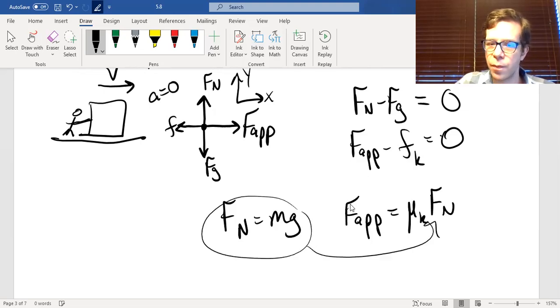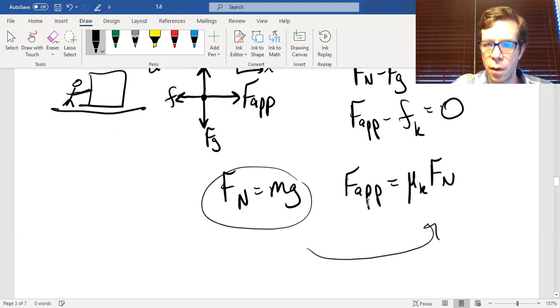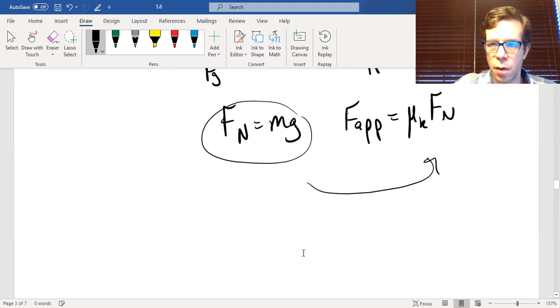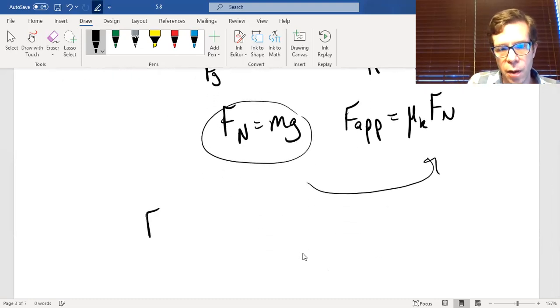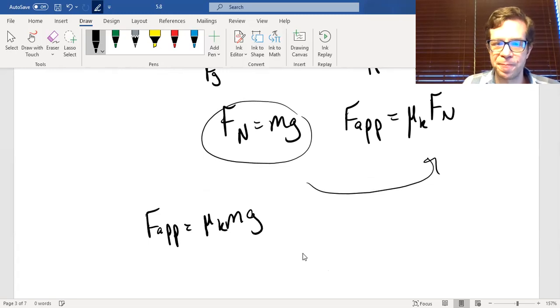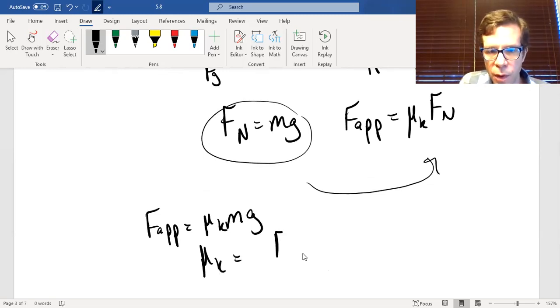Substitute. And we get that the applied force is equal to mu times mg. Mu then is equal to the applied force divided by the weight.